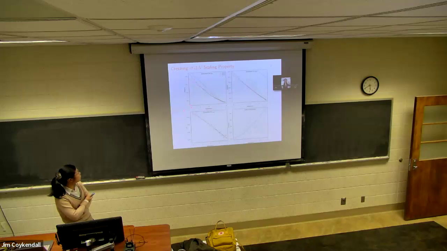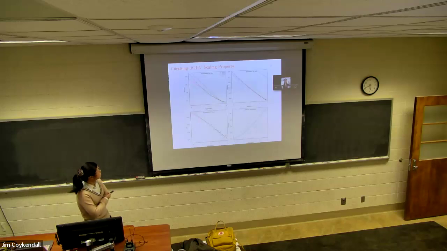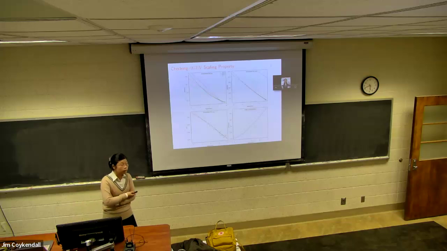And one thing I need to mention: parameters mu and sigma are both on log scale. But that's not the case for the shape parameter, because some of the shape parameters are less than 0, and you cannot take the log of that. As you can see, the black line captures the dots very well, and that black line is actually fitted by the last model we proposed, the GAN model.